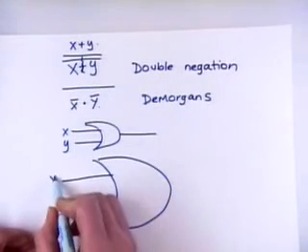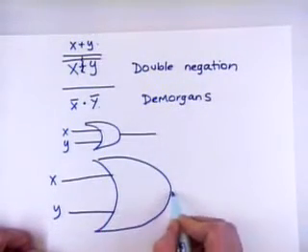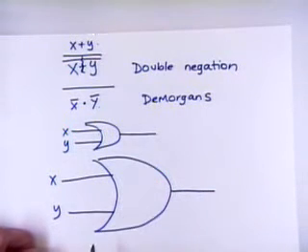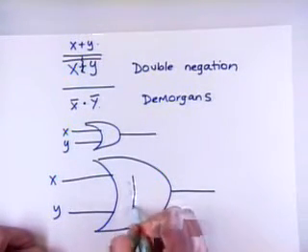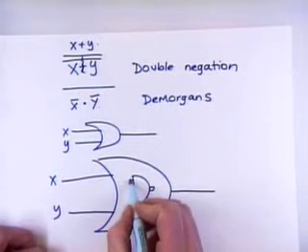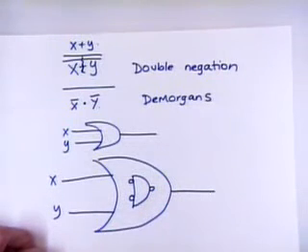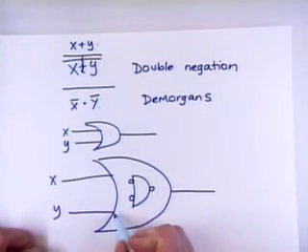This is why this is fun, because you get to draw. An OR gate is equivalent to an AND gate with everything negated, inputs and outputs. So I'm going to draw my AND gate on the inside. You might look one way on the outside, but you're really something else on the inside. That's what this is like.